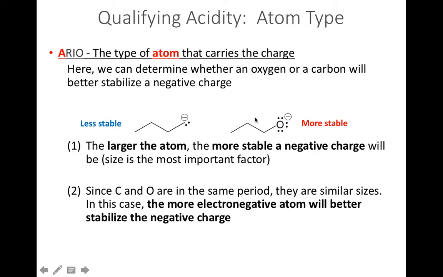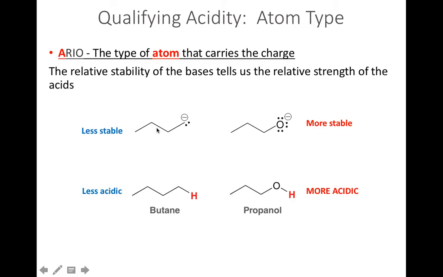Because oxygen is more electronegative than carbon, the conjugate base of propanol is more stable than the conjugate base of butane. As we said before, the more stable the conjugate base is, the stronger the acid that led to that conjugate base will be. So because this conjugate base is more stable, propanol is the stronger acid.